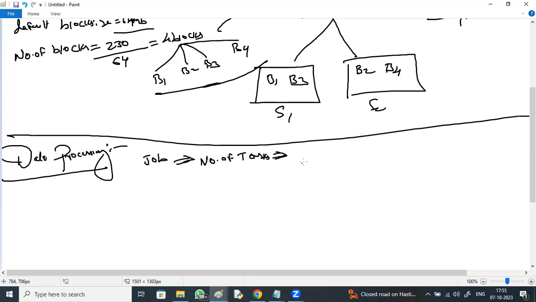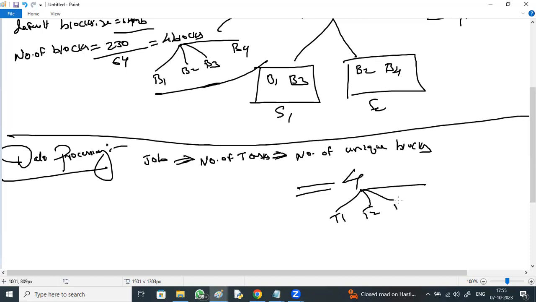The number of unique blocks. I am saying the word unique here; later I'll say why. So here, how many blocks? 4 blocks. 4 blocks means how many tasks? T1, T2, T3 and T4. How many? 4.